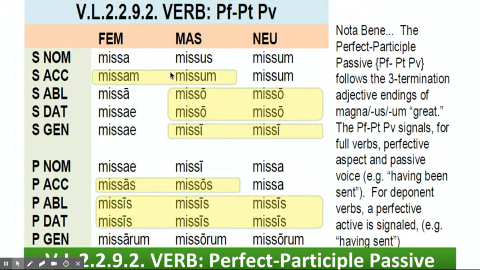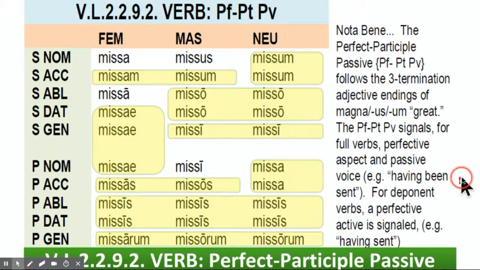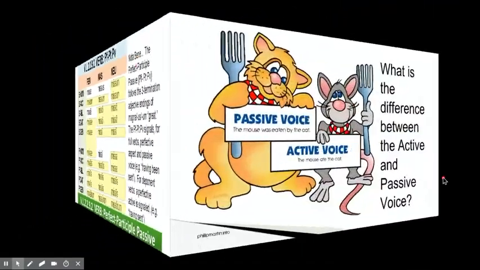It's found in the glossary as the fourth principal part. It will have some similarities to the perfect, but it is unique. It is going to signify perfective aspect, having, and it's going to be passive. In English, we signify the passive with the be verb: having been sent.